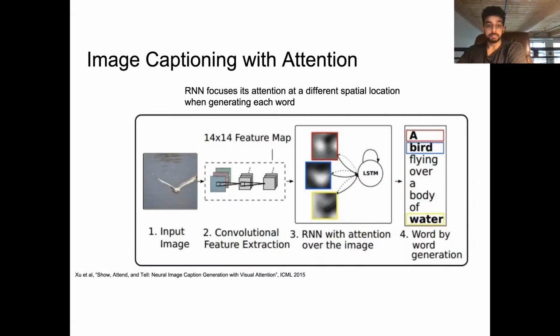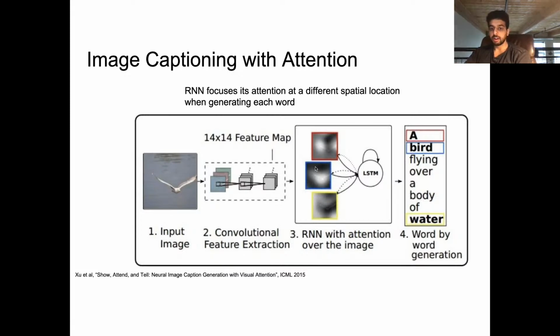That's maybe a good segue into the next part here, which is image captioning with attention. Just like we can add attention in a sequence-to-sequence model, here we can add attention over the image, like we described in the visual QA task. So I have my image, I extract different regions of the feature map, not just the single vector representing the entire image.